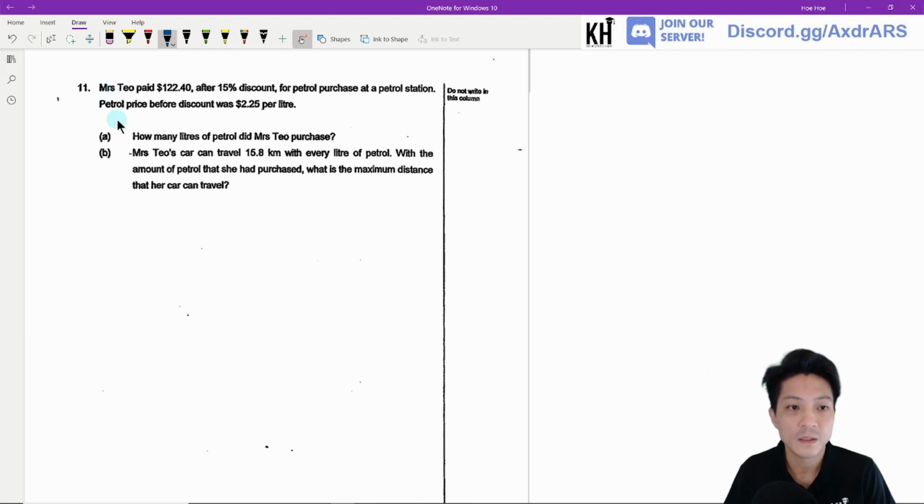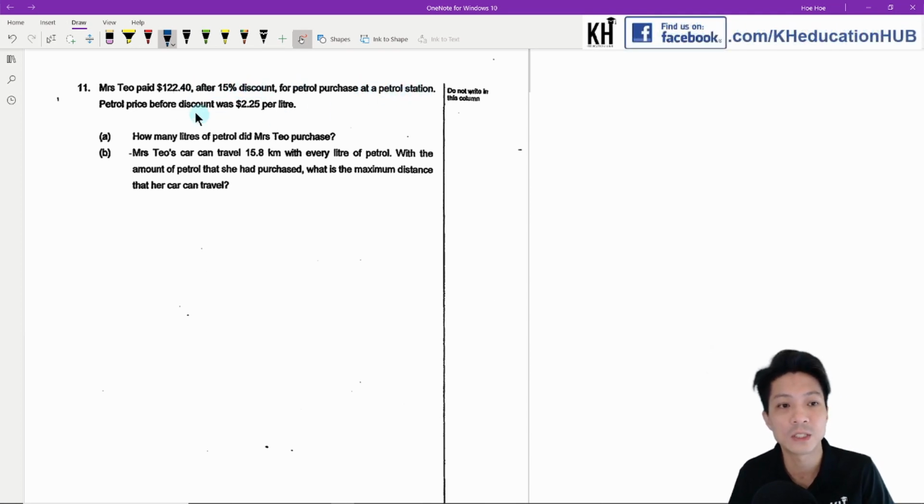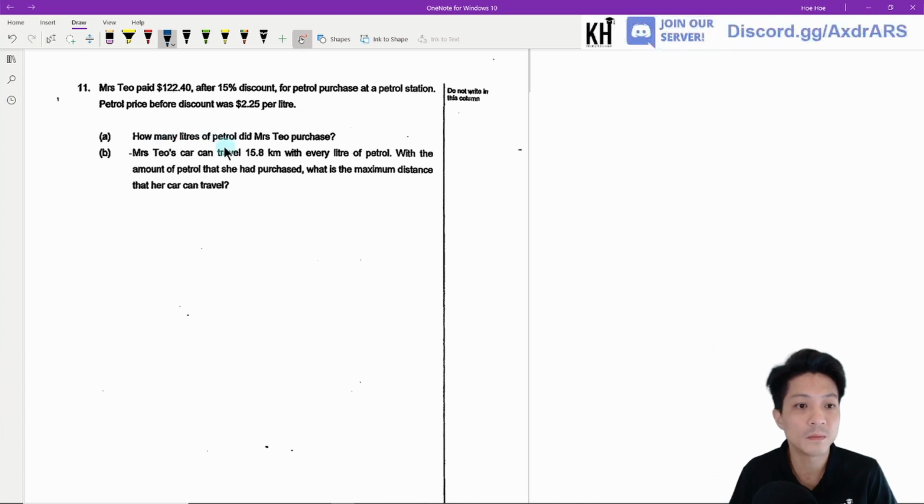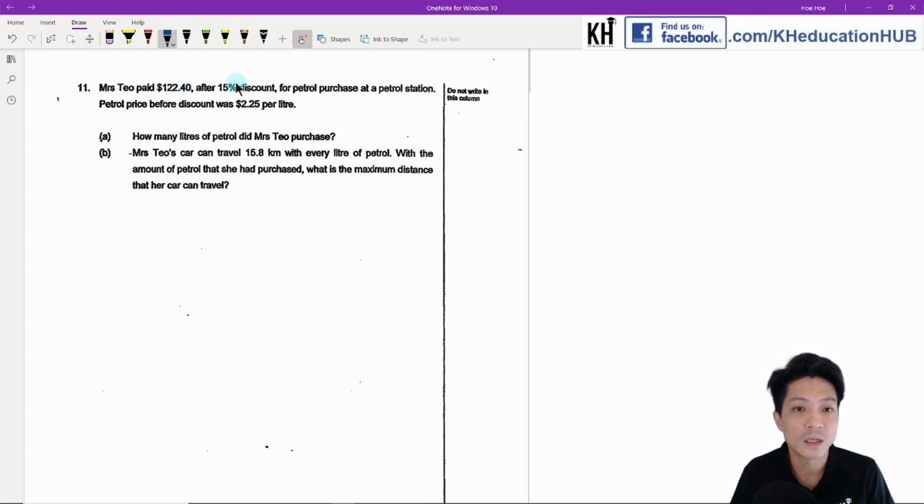Okay, question 11. Mrs. Teo paid $122.40 after 15% discount for petrol purchased at a petrol station. Petrol price before discount was $2.25 per liter. How many liters of petrol did Mrs. Teo purchase? So this is after the 15% discount, right?